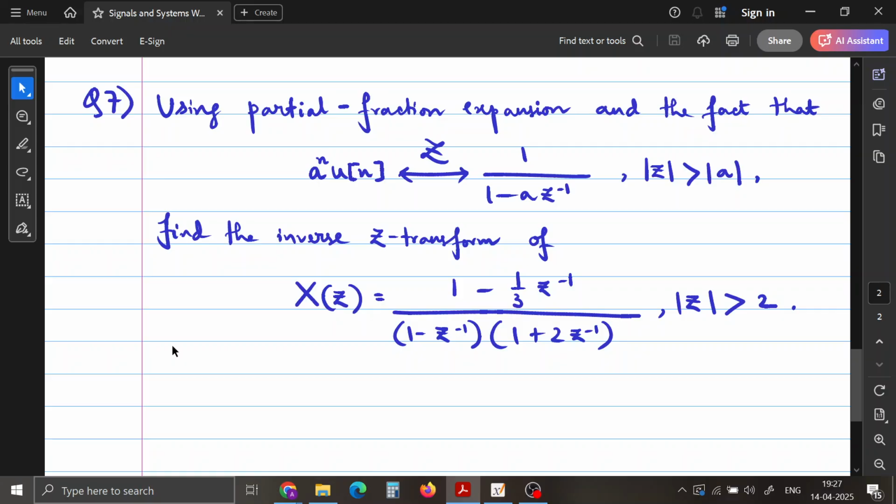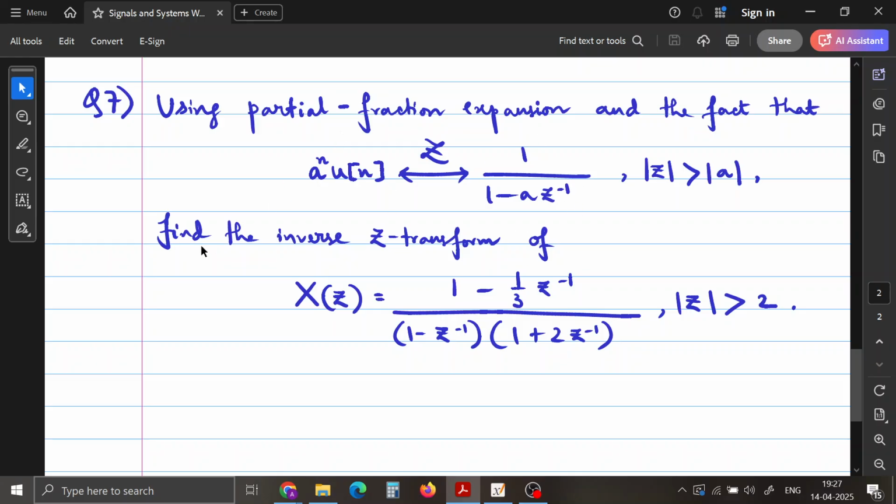It has been asked that using partial fraction expansion and the fact that, this relation is given to you, a known result, that a to the power n times u of n has a z transform given by 1 divided by 1 minus a into z inverse, with the ROC being mod z greater than mod of a.